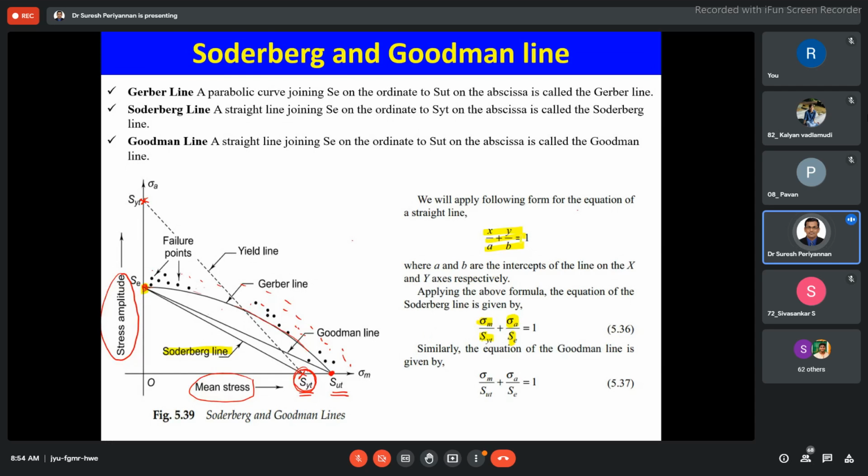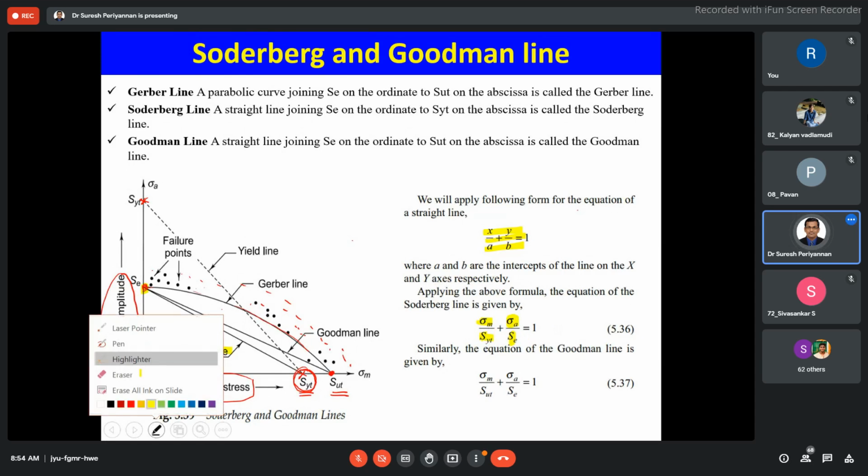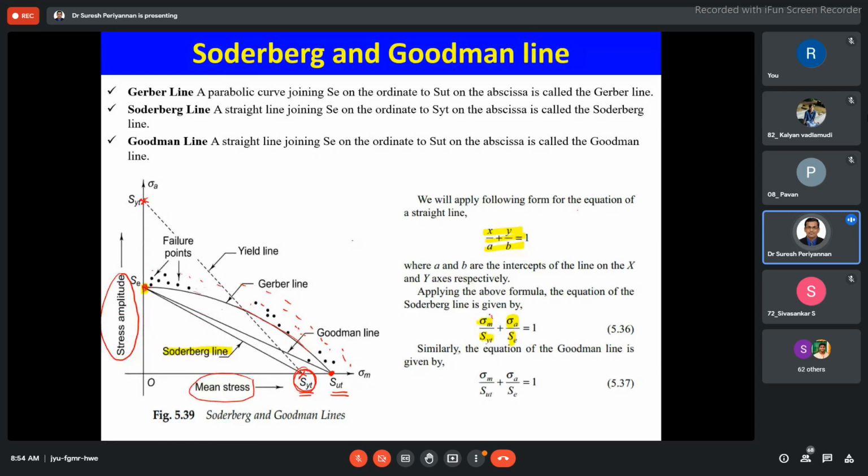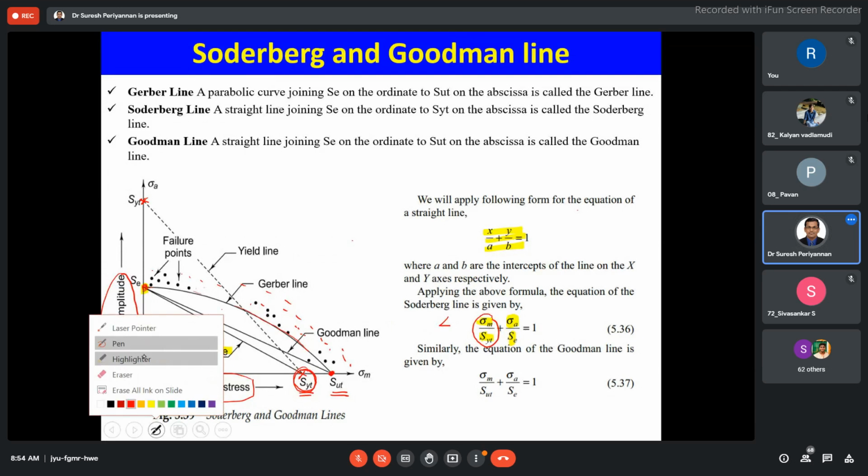Based on the straight line theory, sigma m by SYT plus sigma a by SE must be equal to 1. Hence the ratio sigma m by SYT must be less than 1.